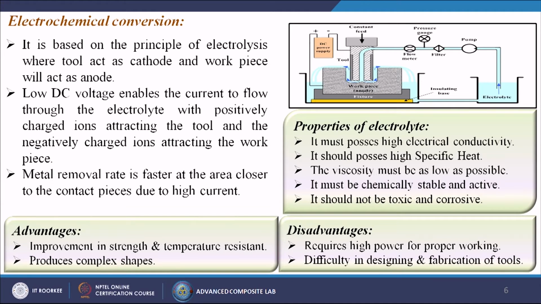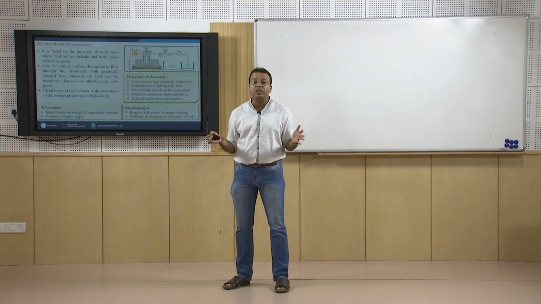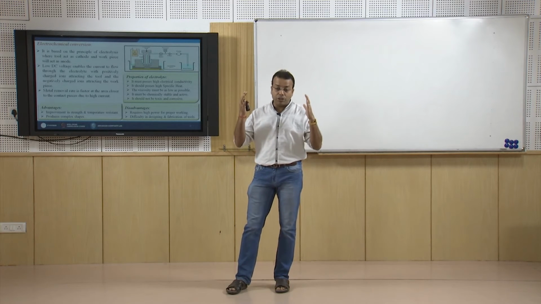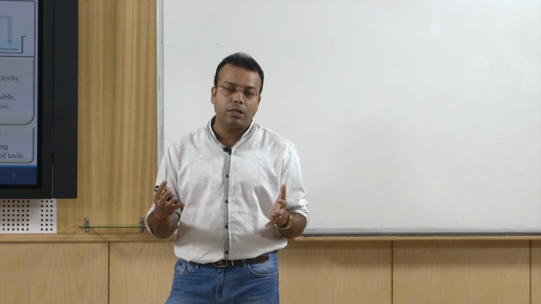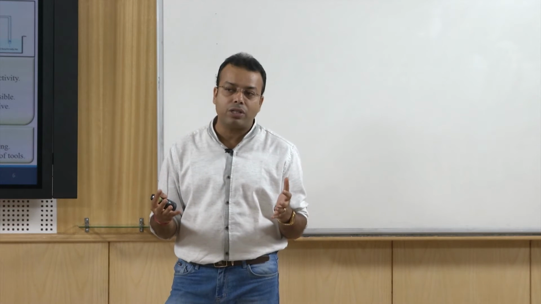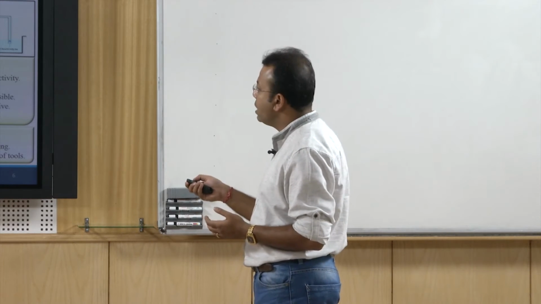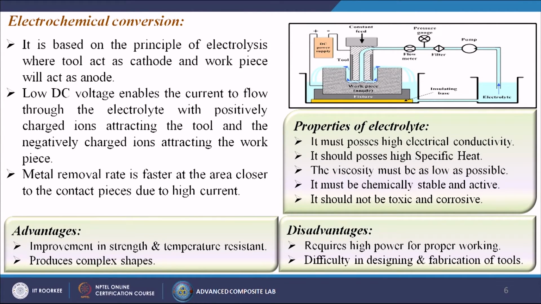From this particular case you can understand that you have the electrolyte, you are pumping that electrolyte, then you have some filter, then it goes directly and makes certain kinds of chemical reactions. Generally we call it an electrochemical machining process, in which the electrolyte, in the presence of a potential difference, creates chemical reactions by which you remove material.